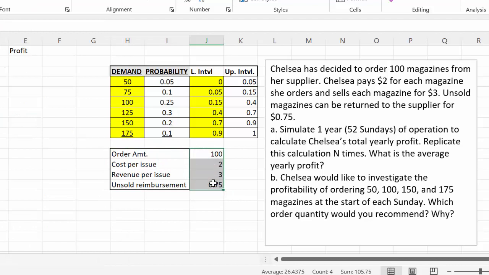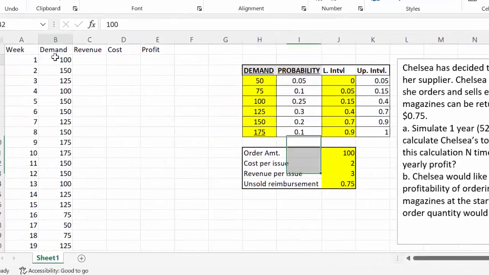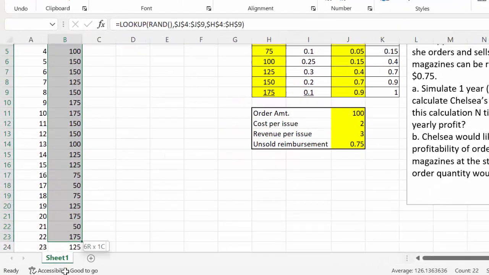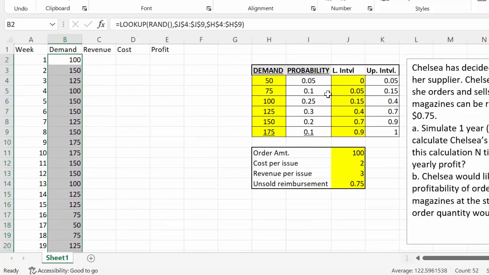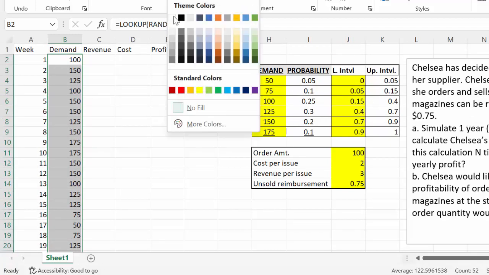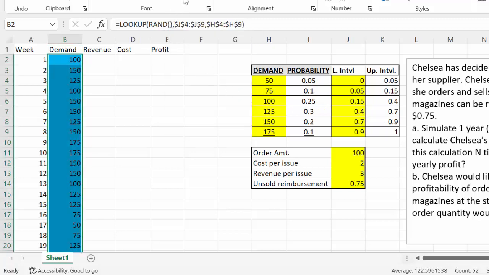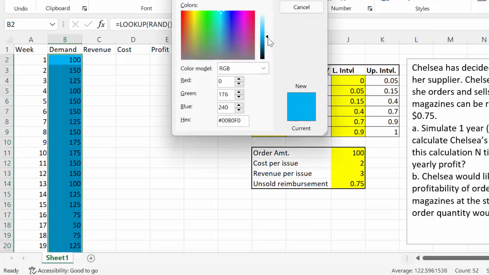These are inputs, and the inputs are in yellow, so let's highlight them in yellow. The simulated part is highlighted in light blue, which is demand. Demand is simulated, following the discrete general distribution in this table right here. We'll make that a nice light blue, the lighter the better, so that we can more easily see the numbers, which are in black.